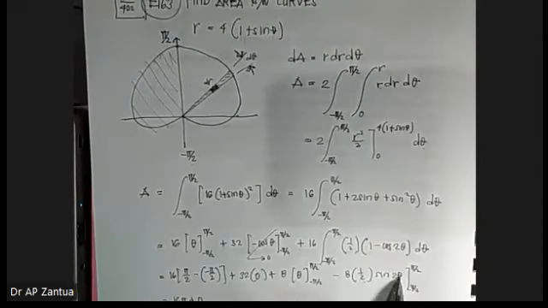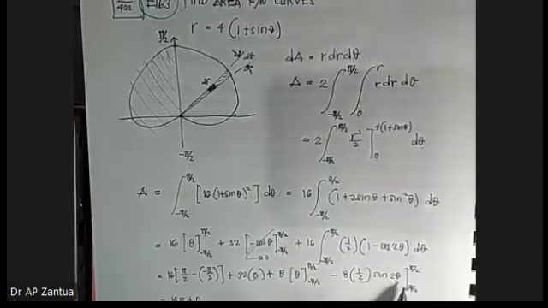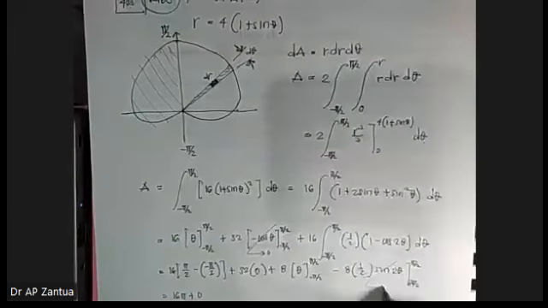Therefore, 2 times pi over 2, that is pi. Sine of pi is 0. The lower limit is negative. So 2 times negative pi over 2, that is negative pi. Sine of negative pi is 0. Okay? So this all will become 0.